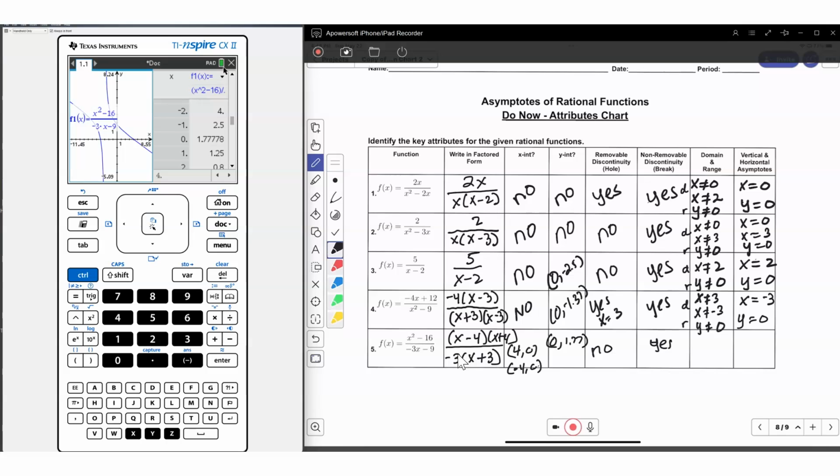Is there a break? Yes. So what's going to make the denominator undefined? It's going to be x, all numbers except for -3.